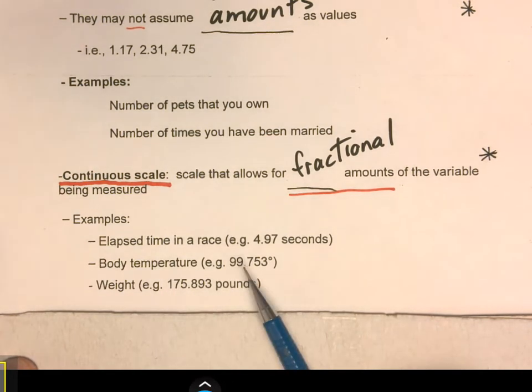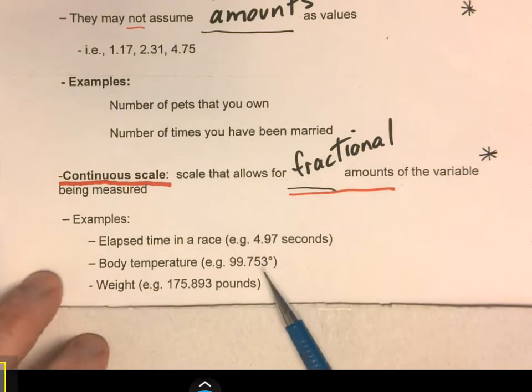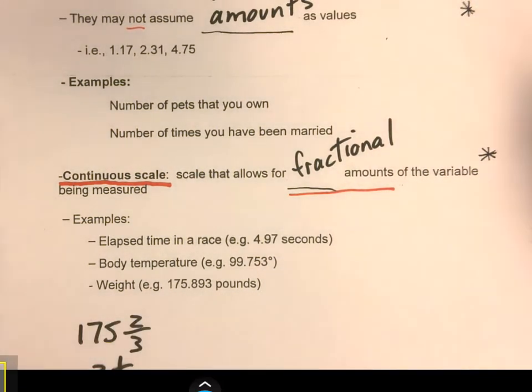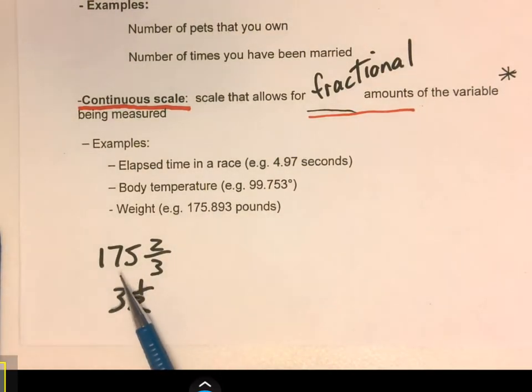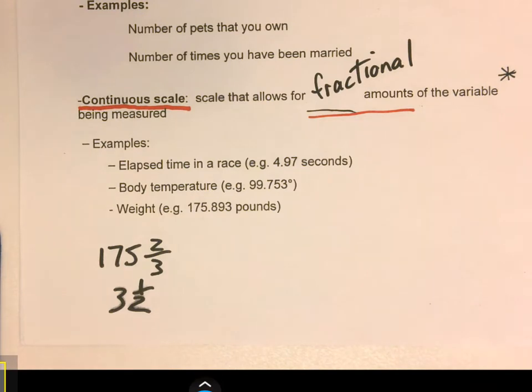If the thermometer says your temperature is 99.753 degrees, the decimal values tell you that it's a continuous scale variable. If I measure your weight and I say that you weigh 175 2/3 pounds, the fact that I have a fraction there tells you that I'm measuring your weight as a continuous scale variable. That's the distinction between continuous versus discrete variables.